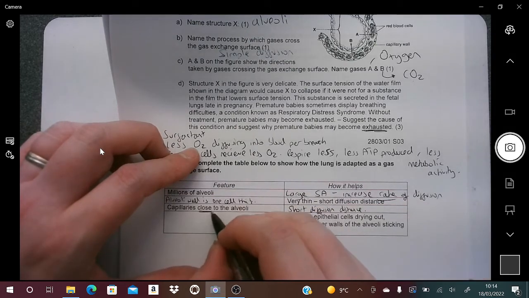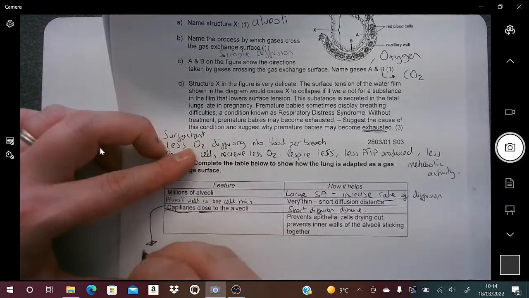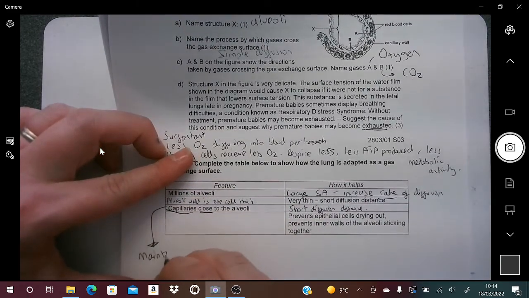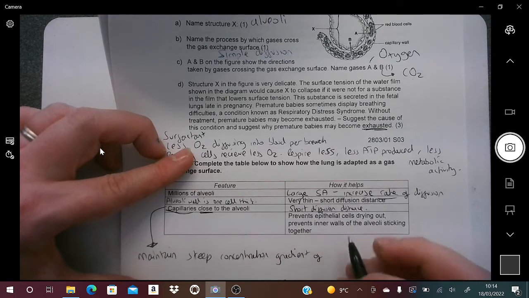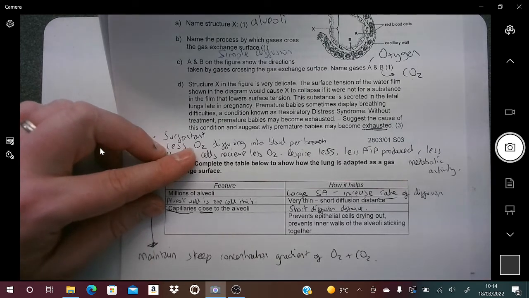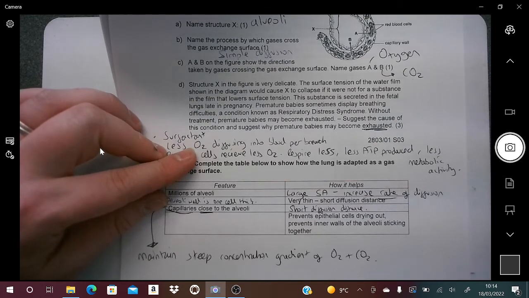But the capillaries, this is the blood supply, is there to maintain a steep concentration gradient of oxygen and carbon dioxide.